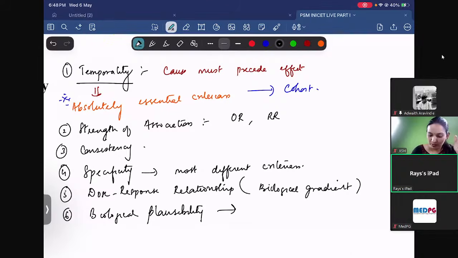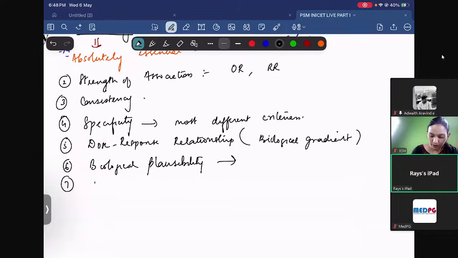That is what you mean by biological plausibility. The next criterion would be coherence. Coherence is also kind of the same: whatever cause-effect interpretation you make does not conflict with the existing knowledge. We have certain studies already done, and with the natural history of the disease that we know, your finding should not be in conflict with that. That is what you mean by coherence.